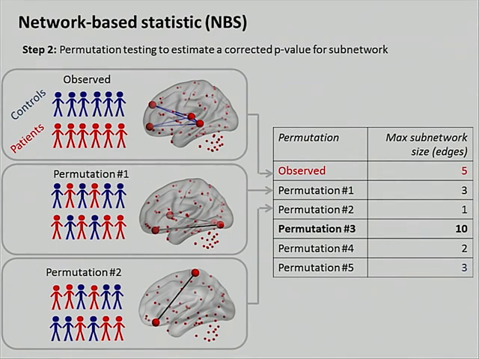Permutation 2, we only see a network of size 1, but once we get to permutation 3, we get a network of size 10, and that would suggest, well, maybe the network that we observed is not particularly remarkable, because after 3 permutations, we already see a subnetwork that is of greater size.